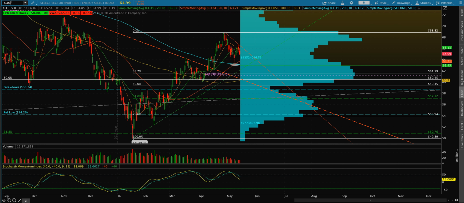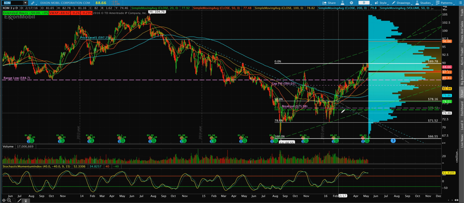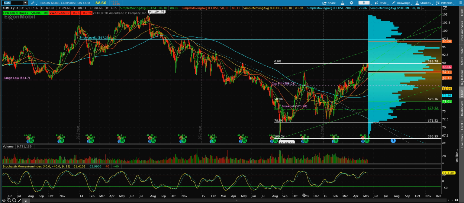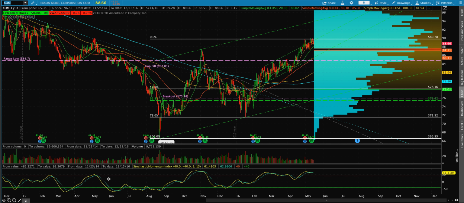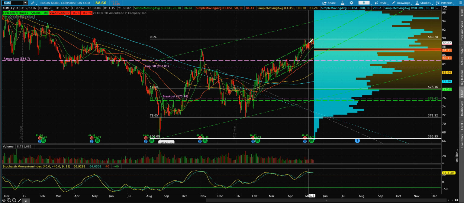Same thing with Exxon. I've talked about Exxon being my go-to stock in oil. You can see it's been looking a little bit above this channel. There's definitely room for a pullback. I would be interested in selling some out of the money puts somewhere between 83 and like 84.70. So let's just say 83 and 85.